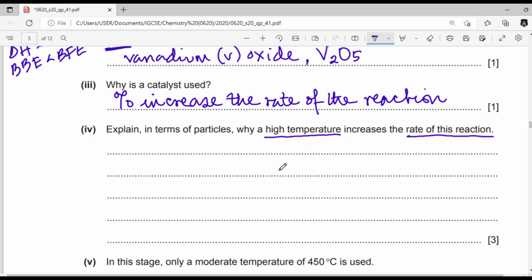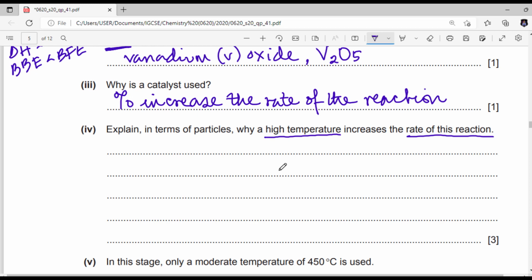And you're not asked to explain why increasing the temperature will increase the rate of reaction. But don't just explain, you have to explain in terms of particles. And remember, anything that has to do with rate of reaction must always have reference to collision theory. You cannot explain the factors that affect the rate of chemical reaction without making reference to the collision theory. So we are going to use that to answer this question. So which property of the particles does change in temperature affect directly?